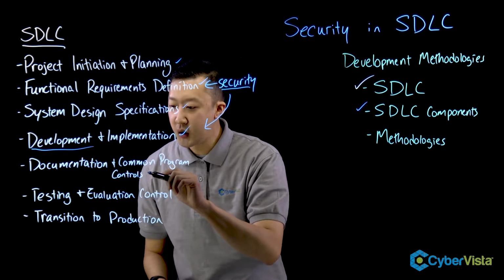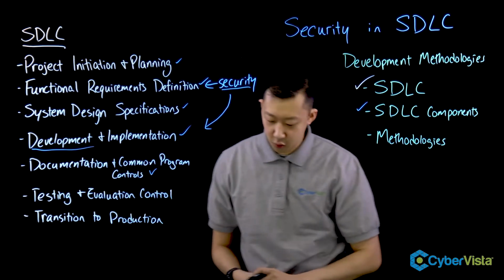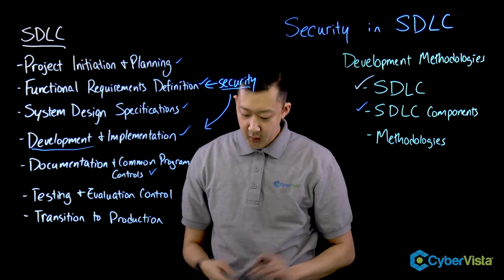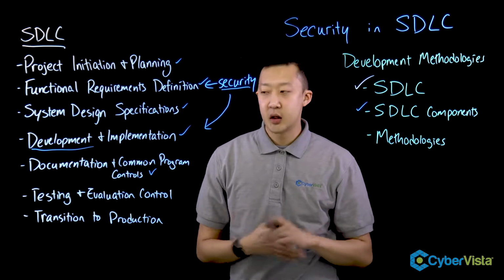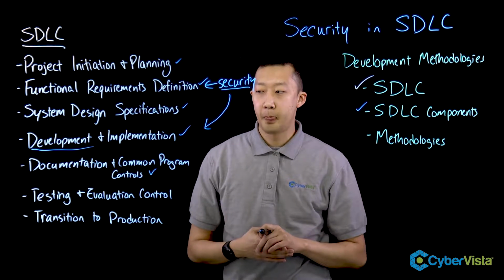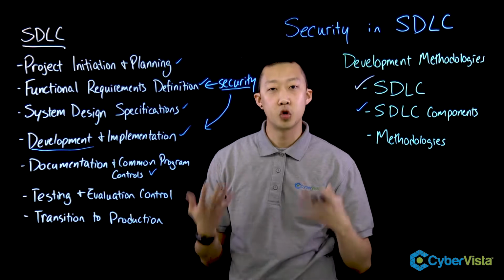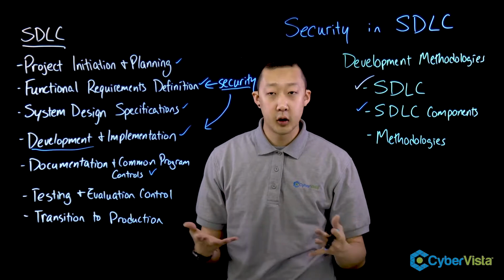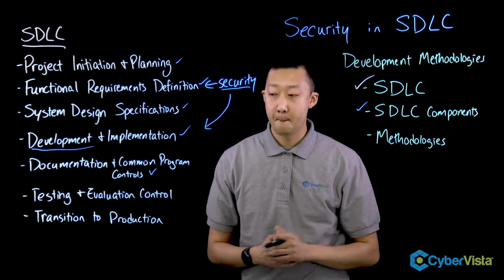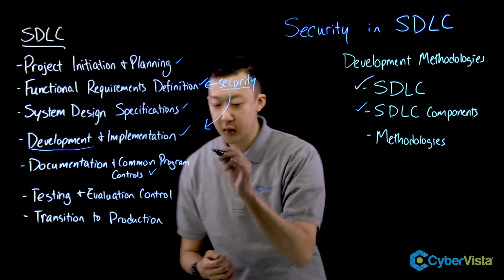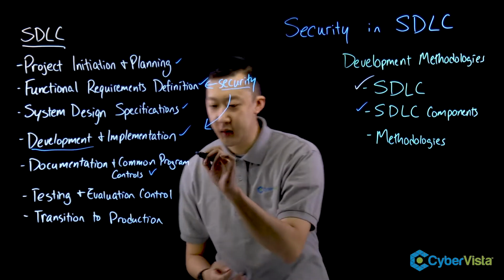All right, documentation and common program controls. So in this step, we're talking about ways that we can implement controls, in particular for editing data. All right, so there's three small points that I want to talk about.